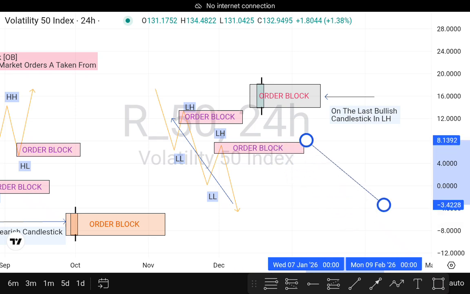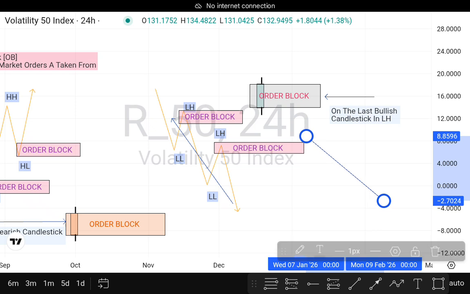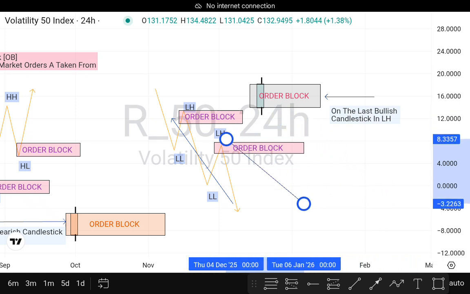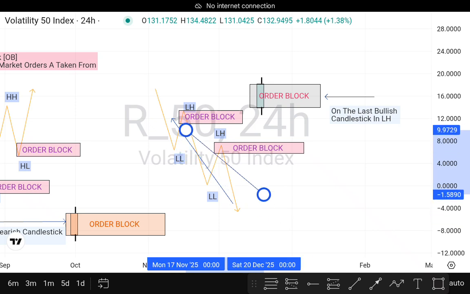Okay, where on your lower high do you usually put your order block? You put it on the last bullish candlestick, guys. Let's take this. As I said, the market was pushing high, so it's going to have a lot of bullish candlesticks.